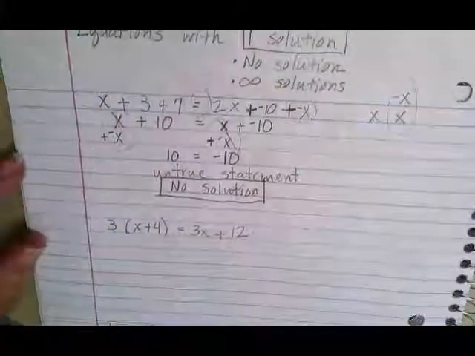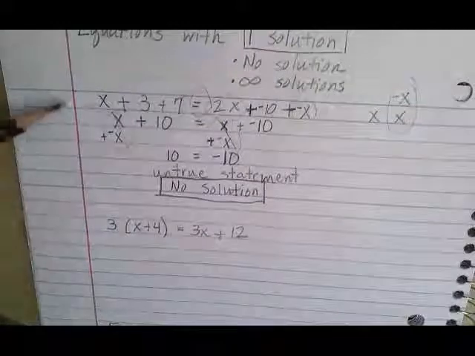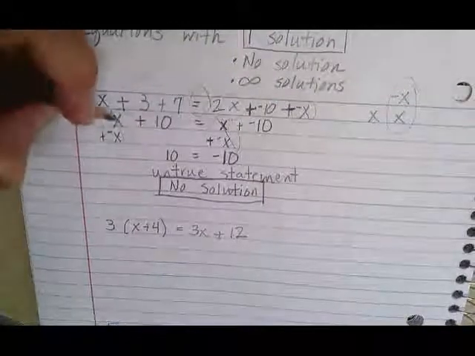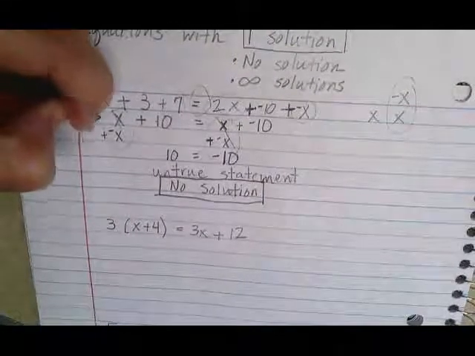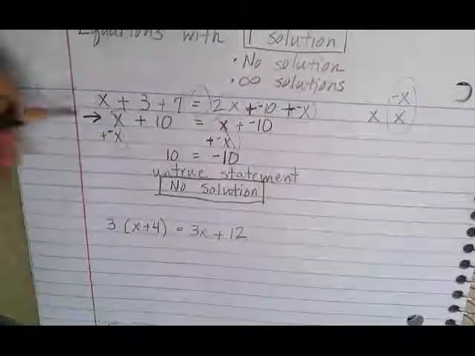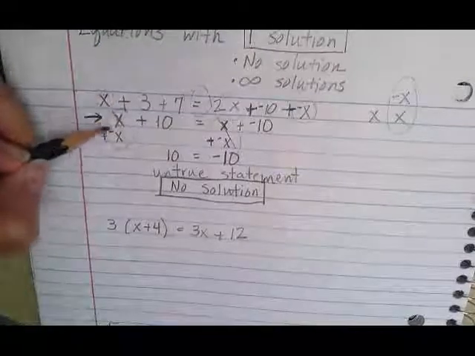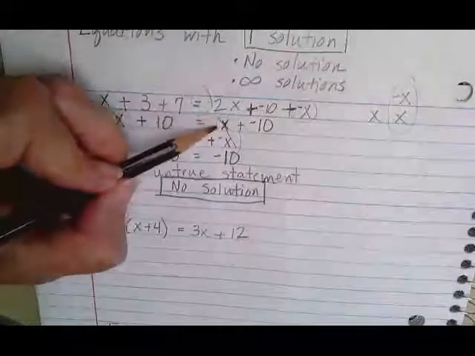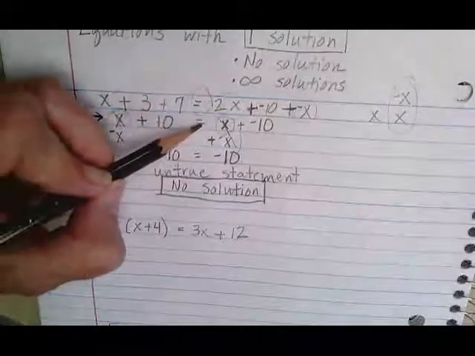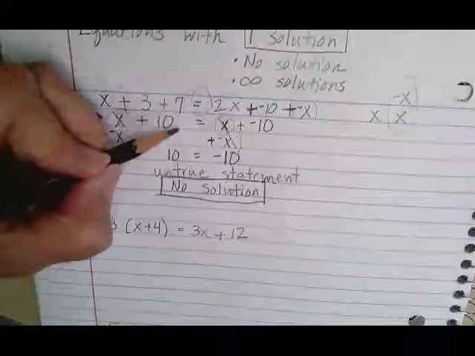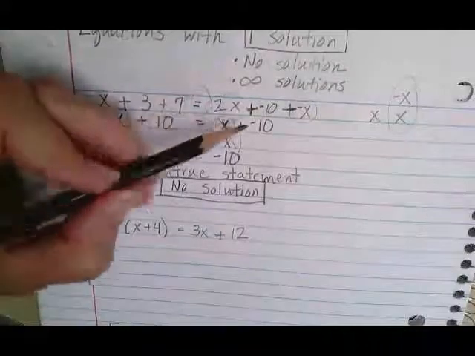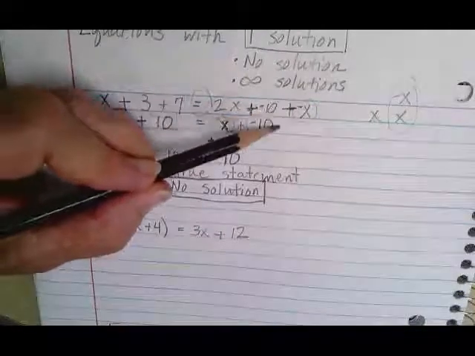No solution. I actually had a hint right back up here. You'll notice that I had the same number of x's on each side of the equal sign, and the numbers that I had were not the same.